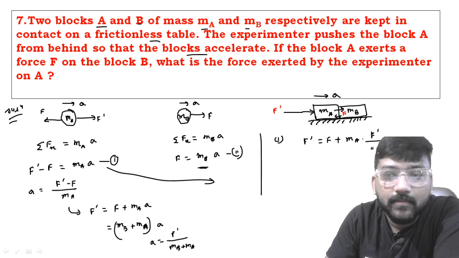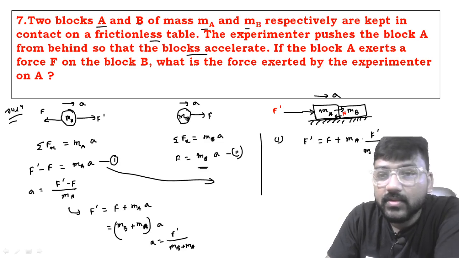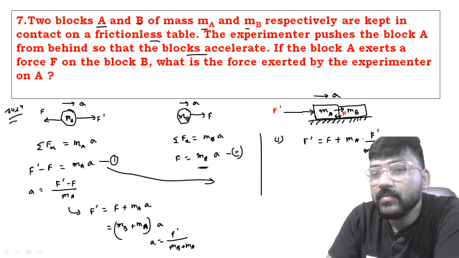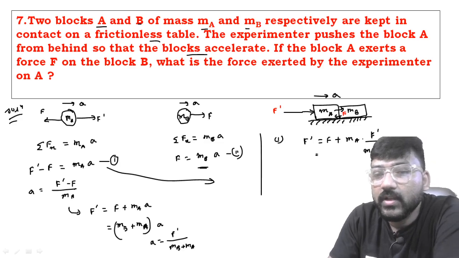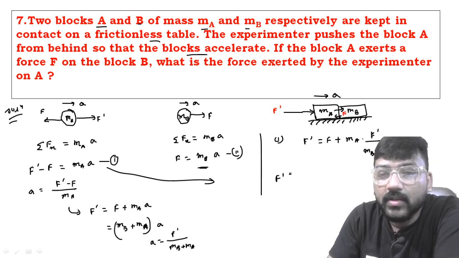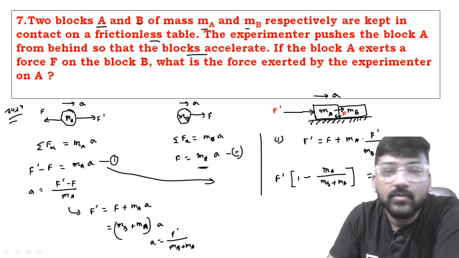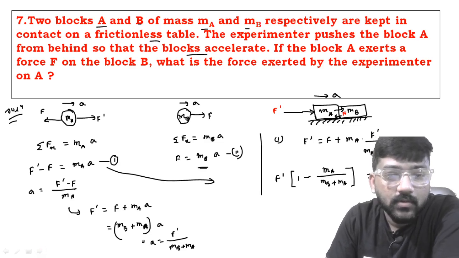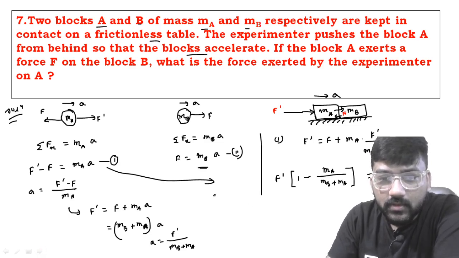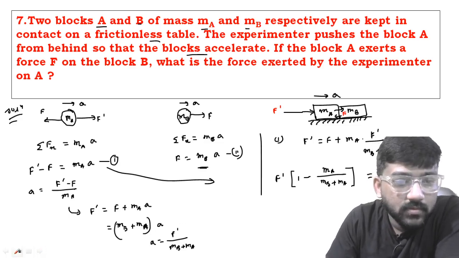So if you take F dash common, it will be 1 minus ma divided by mb plus ma, equal to F. So you can find F dash from here.